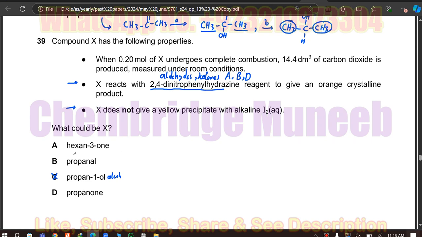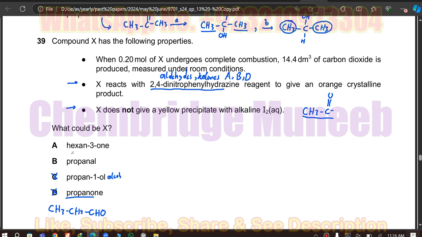We need CH3 C double bonded O to be the part present in the compound to give the test with alkaline I2. The propanal, which has the structure CH3CH2CHO, does not contain this part, so D is eliminated.